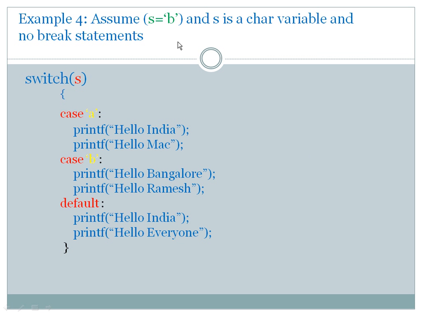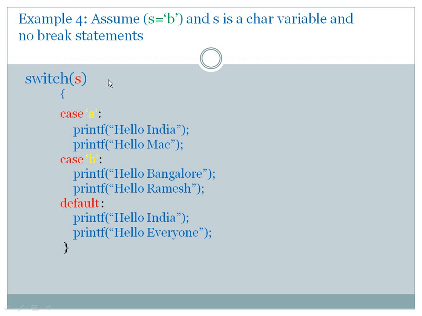Now example 4. In this case S is equal to B, where S is a character variable, and there are no break statements. We have not written any break statement. So what happens in this case?